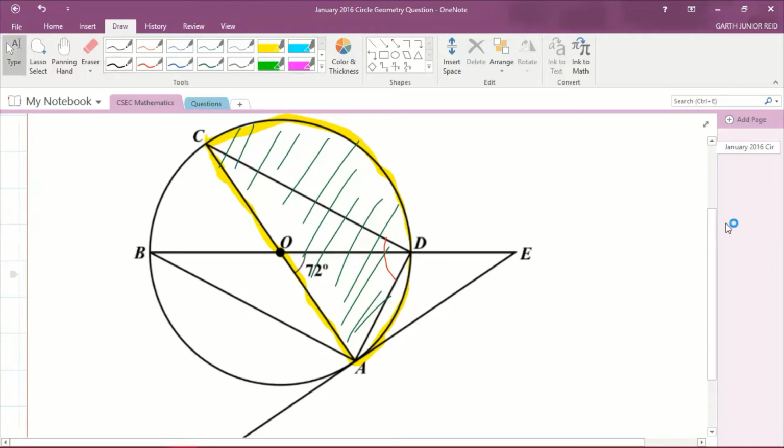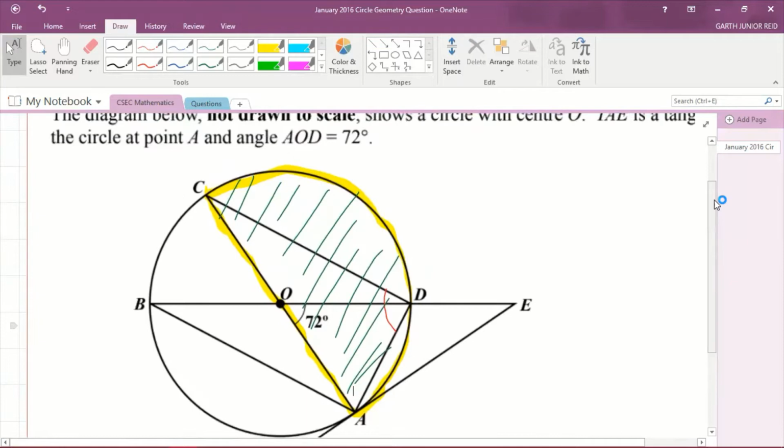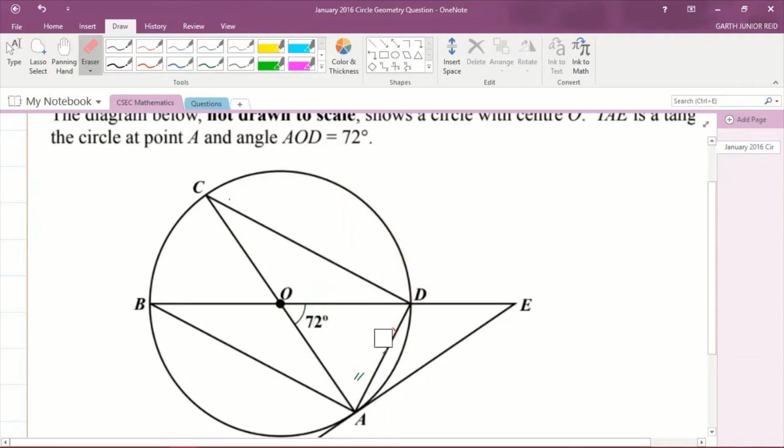Another way of saying this as well: in the previous video that I uploaded for circle geometry, I stated that the angle at the center is 2 times the angle at the circumference. You could also use that reason as well. Why?